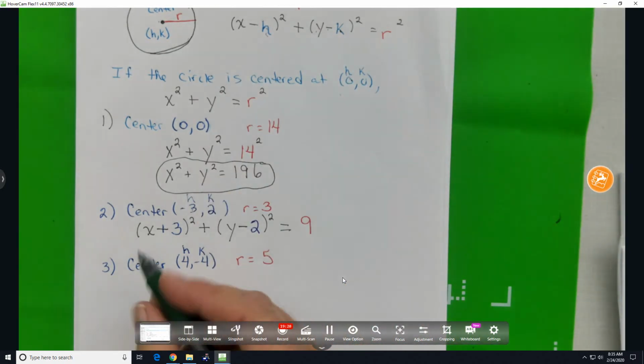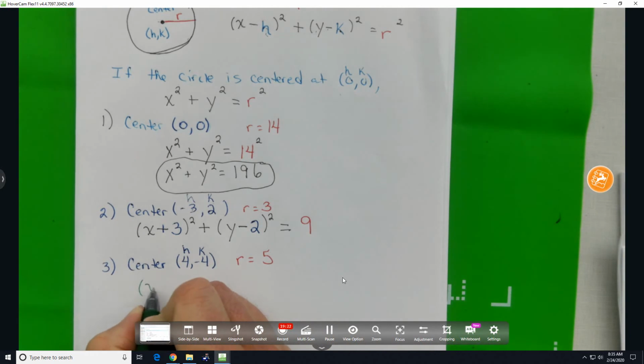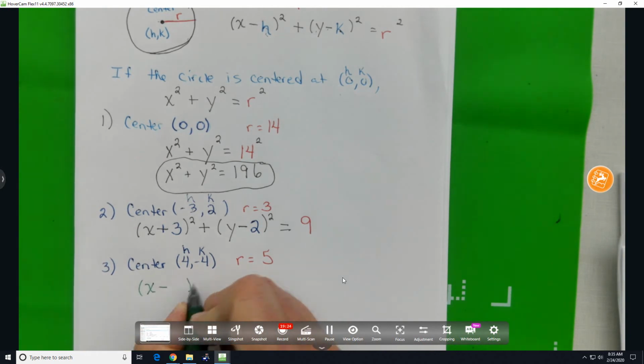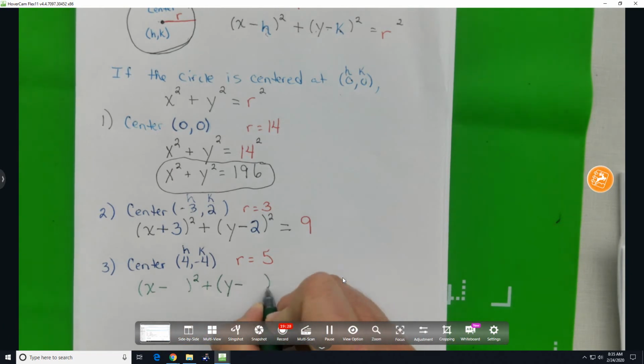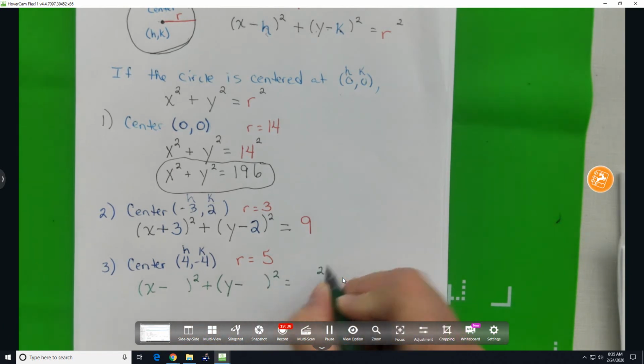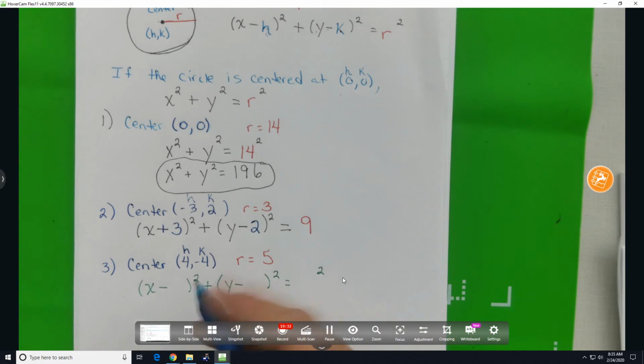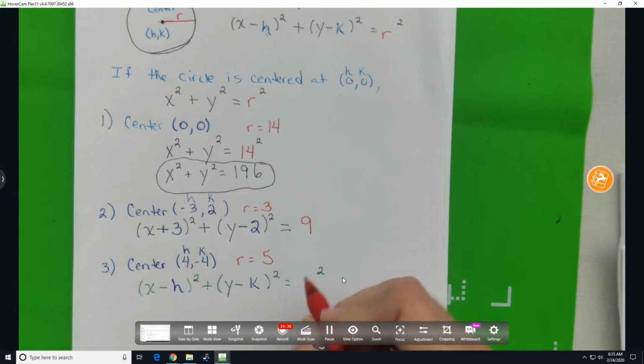So parentheses, X minus H squared plus Y minus K squared equals R squared. So now I can lift it up.